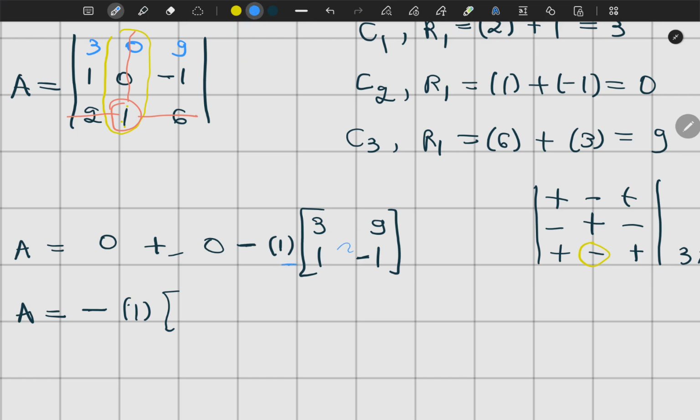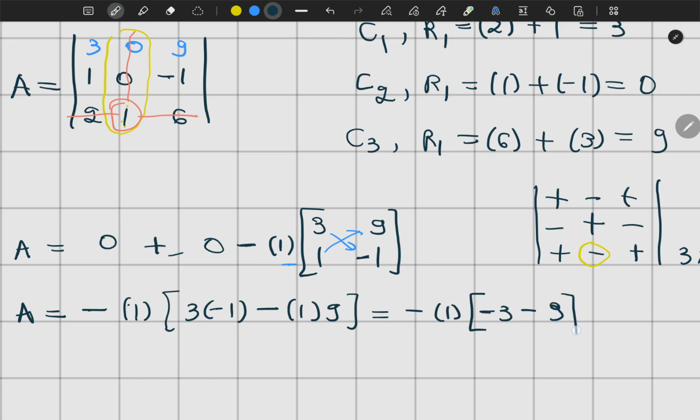It will be 3 times negative 1, minus 1 times 9, which gives negative 3, negative 9. So negative 1 times this will give us negative 12.